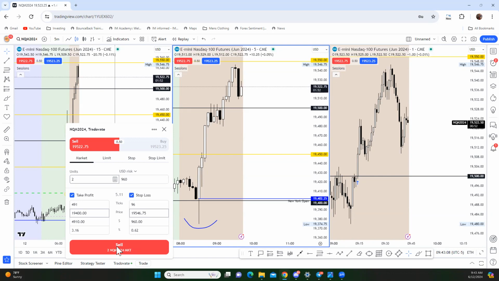Let's see how this 5-minute closes. I like this area. So I'm going to take that area.